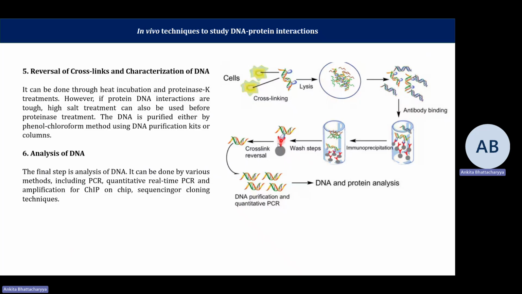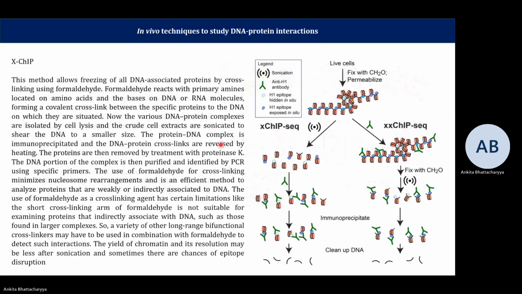You add the antibody, you immunoprecipitate, you pull it down. Then you add a few washing steps. You reverse the cross link and you analyze DNA using quantitative PCR.